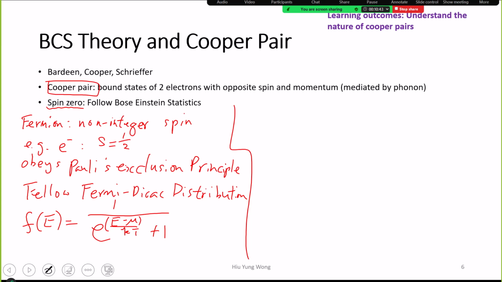Okay, let me rewrite. Where E is the energy of the electron, right? And mu is the so-called chemical potential or Fermi level.